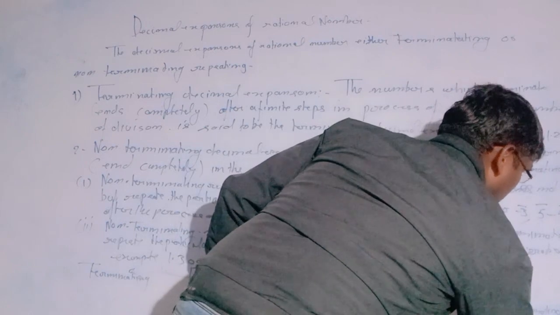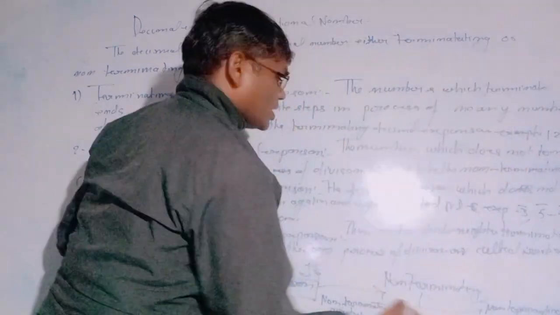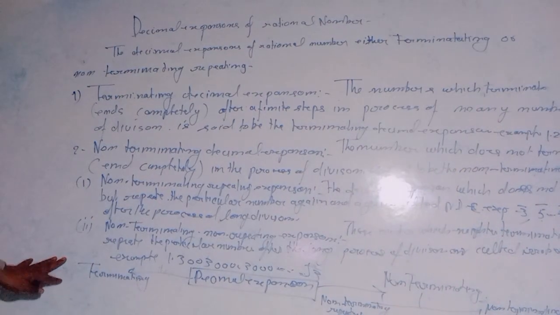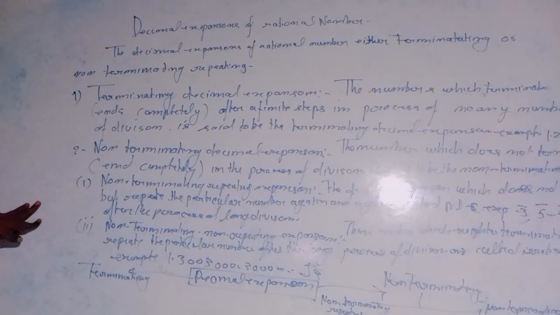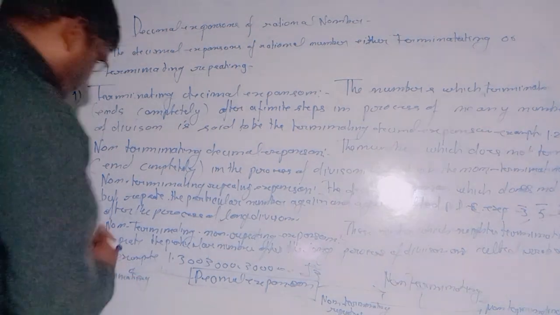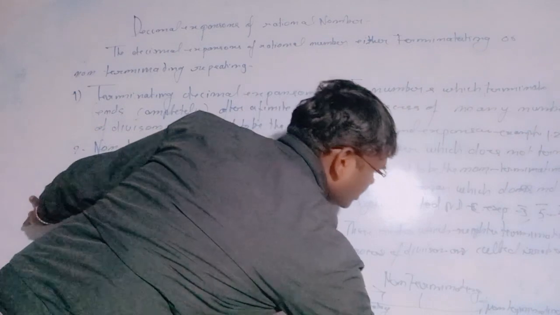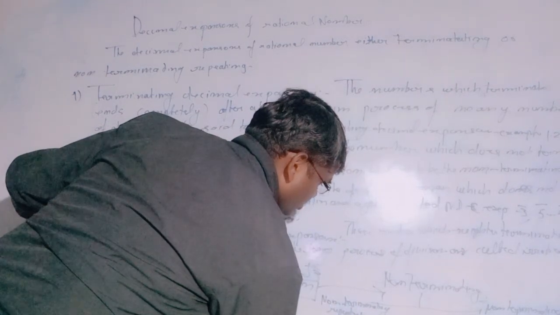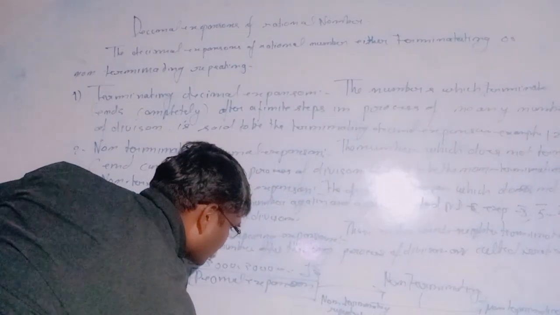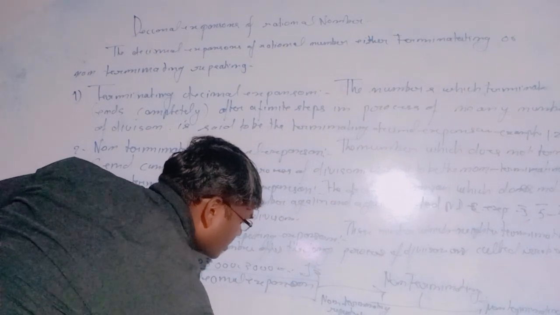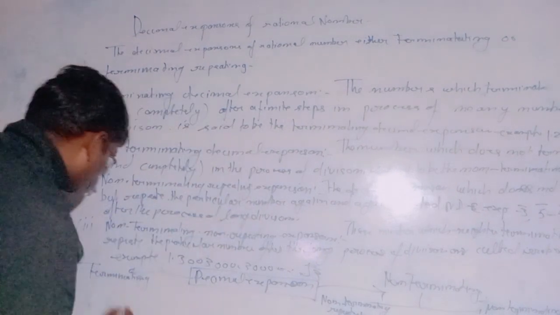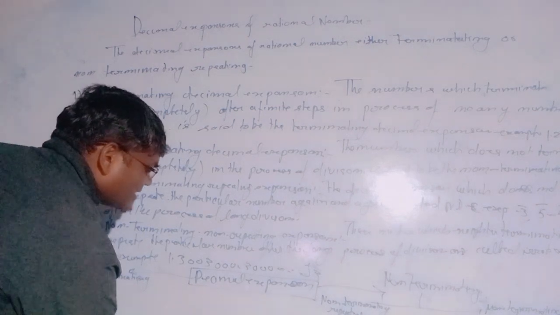Both rational numbers and irrational numbers are real numbers. We can say both are real numbers, and the terminating is also a real number.